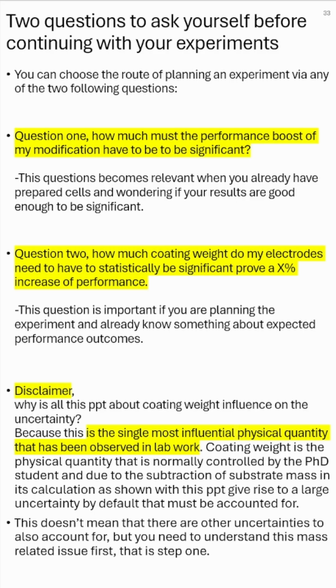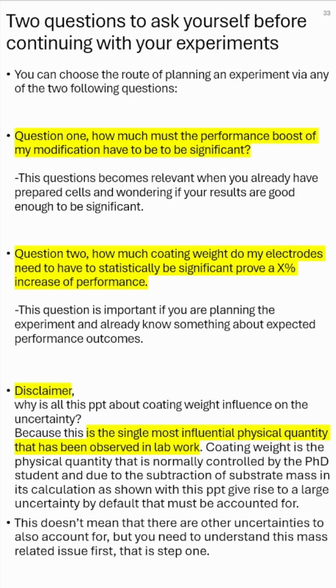Question 2. How much coating weight do my electrodes need to have to statistically be significant to prove an X% increase in performance? So here we have sort of changed the theme of the question. This question is important if you're planning the experiment and you already know something about the expected performance outcomes, right?